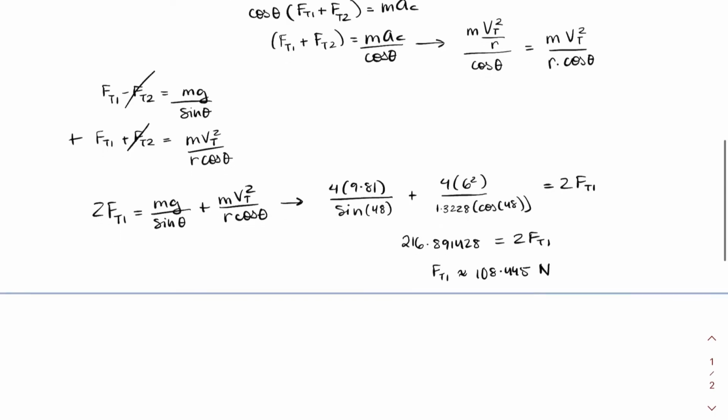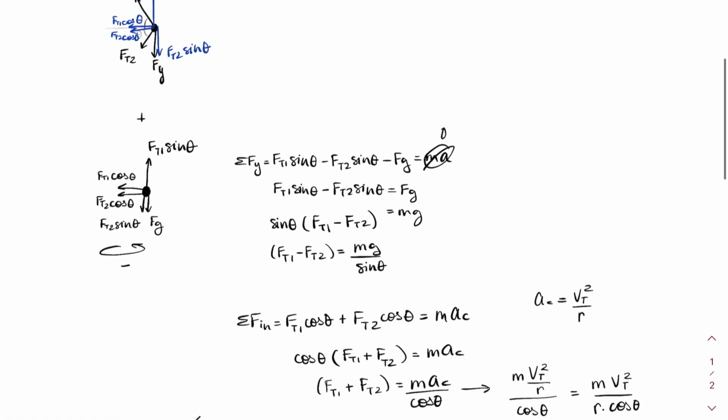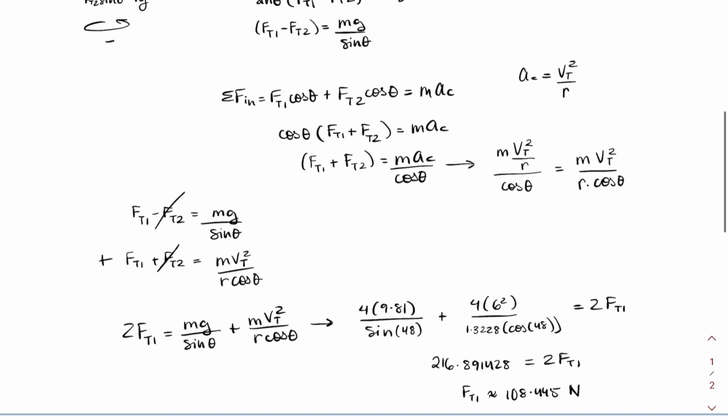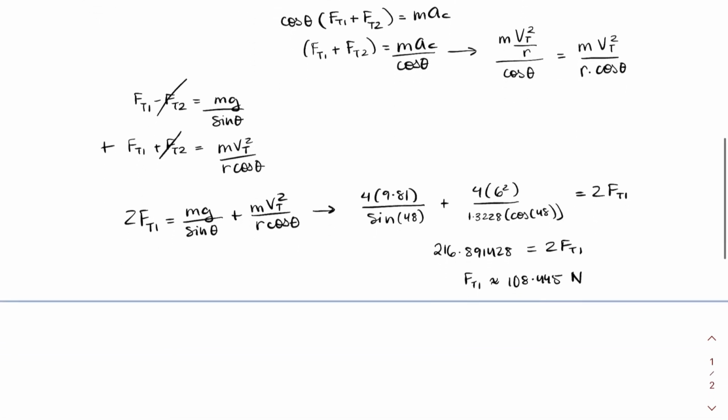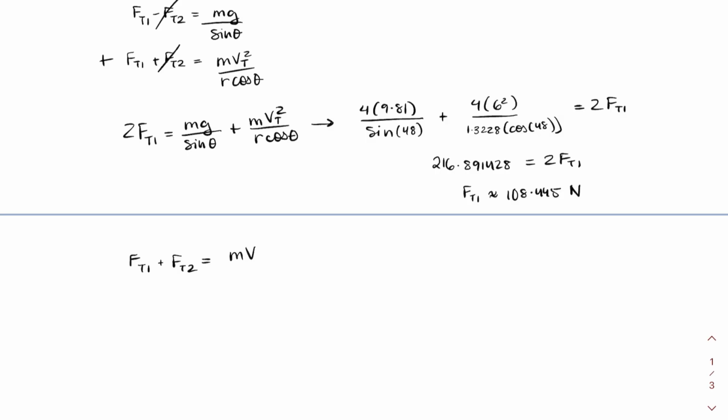Now that we've figured out the force of tension 1, which is this force right here, we can just plug it into either of these equations and get the value for force of tension 2. I'm just going to use the force of tension 1 plus force of tension 2 equals mass times vt squared over r times cosine of theta.